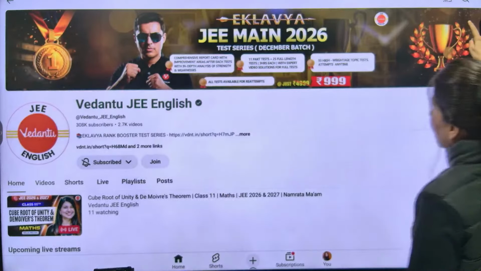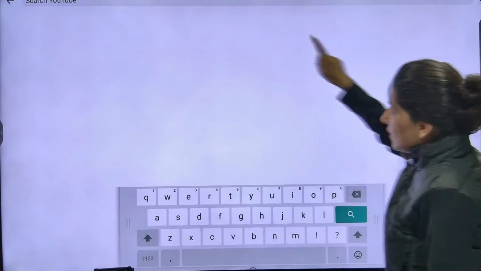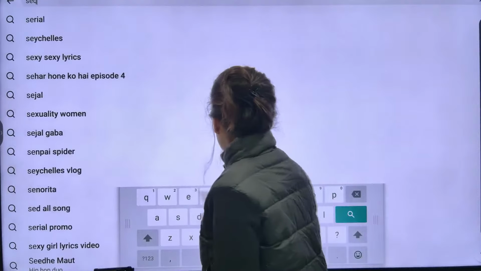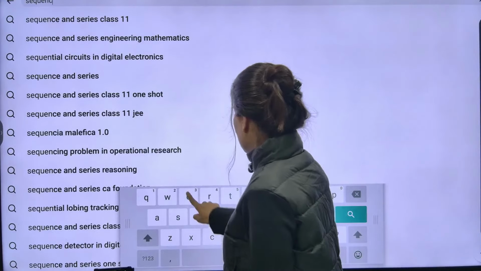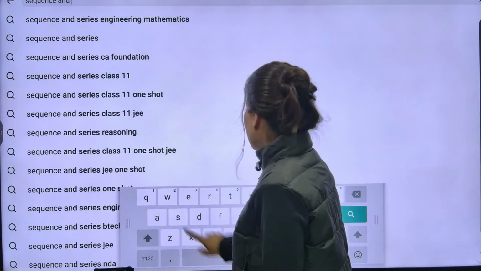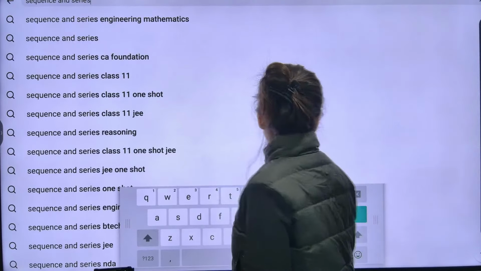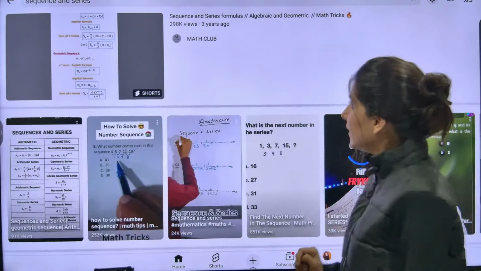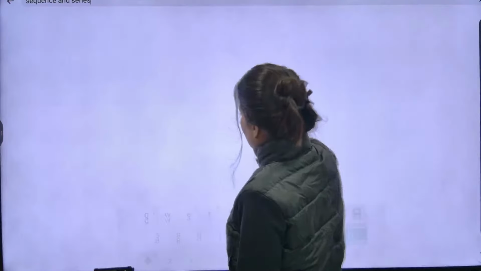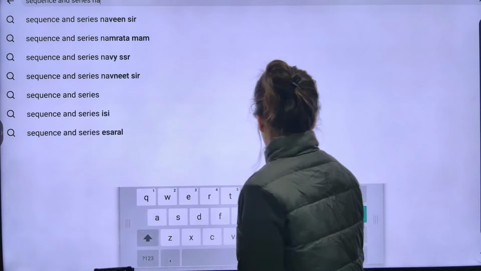Can you see the search bar? Search sequence and series. Go to the channel and search. You will realize that Namrata ma'am has done so many sessions already. You can write Namrata ma'am also.